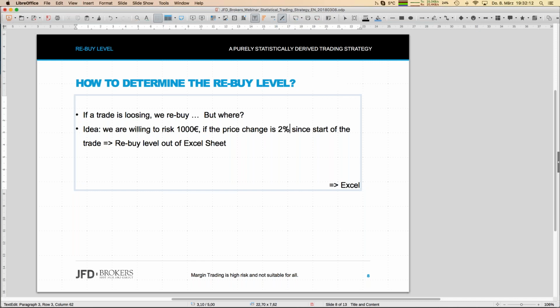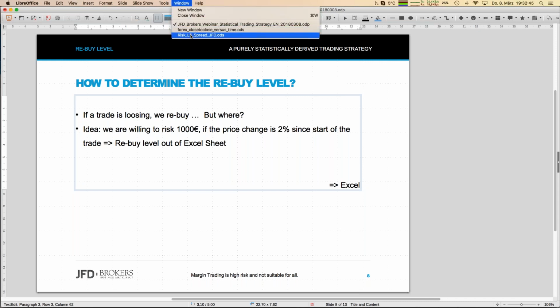And since I do everything here on a really small time frame, 2% is already something. It's not a small value, but it's not a real huge value. It's something in between. And now I want to calculate that rebuy level with those two numbers, having in mind I'm willing to risk 1,000 euro, and I accept a price change of 2% in the wrong direction until I want to hit my stop loss level.